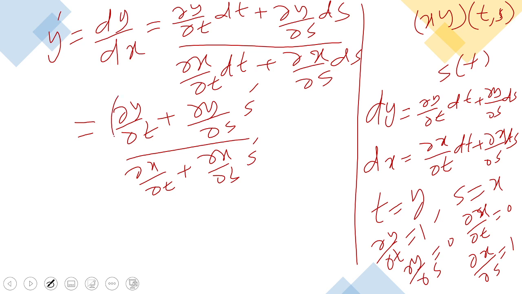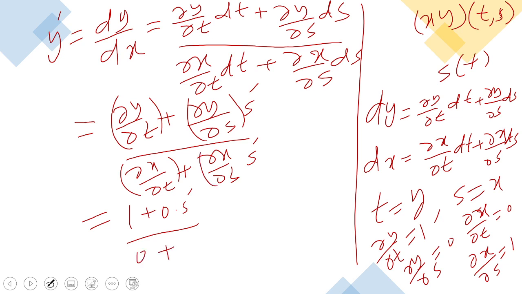Now I know that the value of this is 1, the value of this is 0, the value of this is 0, and the value of this is 1. So I get 1 over S dash. This is the value of y dash.